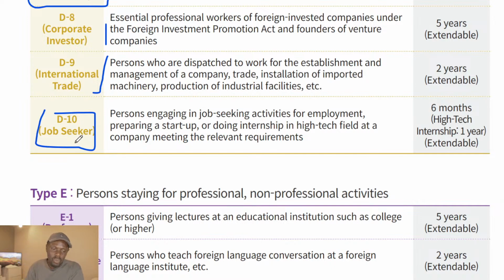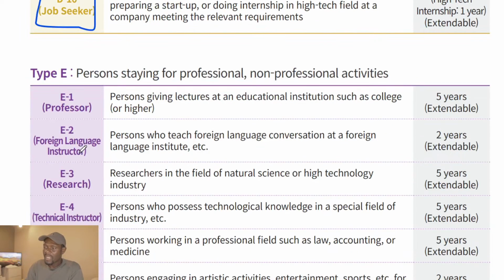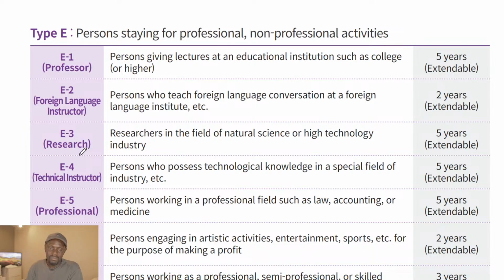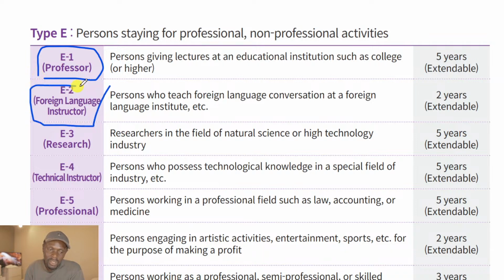And then next one now is the E visas. So if you are a professor in Korea, you get an E1. And then if you are a foreign language instructor, be it teaching French, English, or any other language, for those people from the United States who are teaching English in Korea, they have an E2 visa.